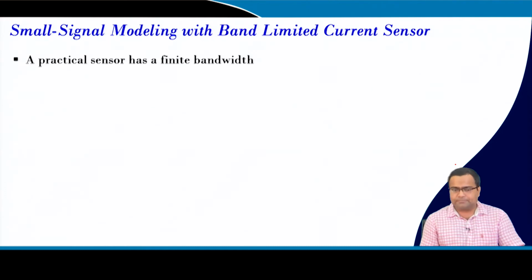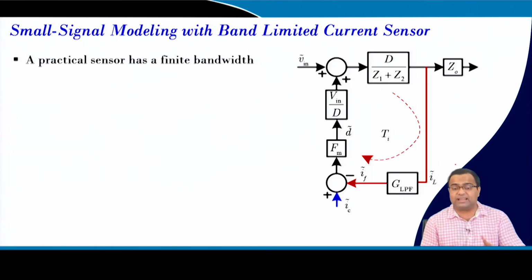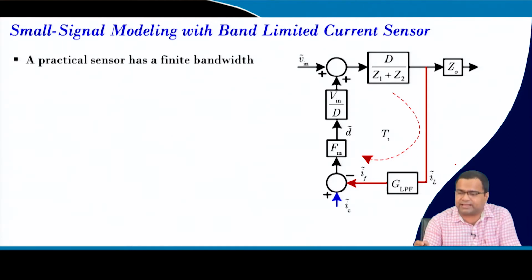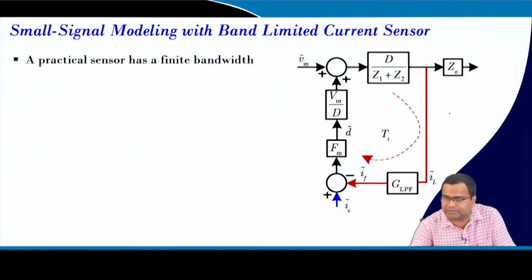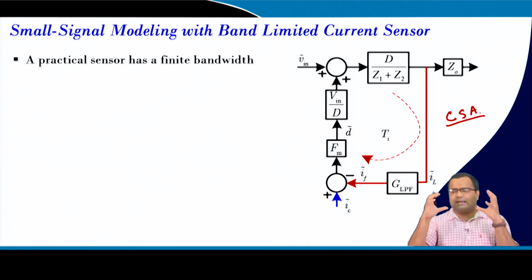Then when we consider a current sensor for current mode control, the current sensor has a finite bandwidth. If we take a high side current sensing circuit, that means a current sense amplifier, every current sense amplifier has a bandwidth limit.